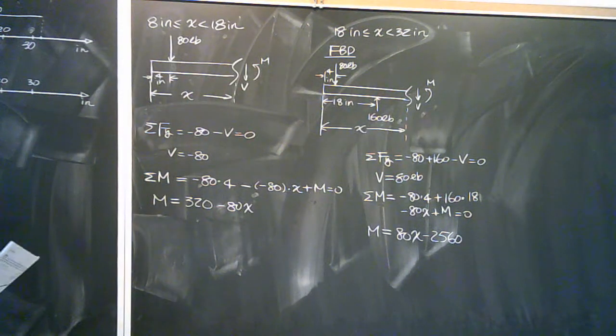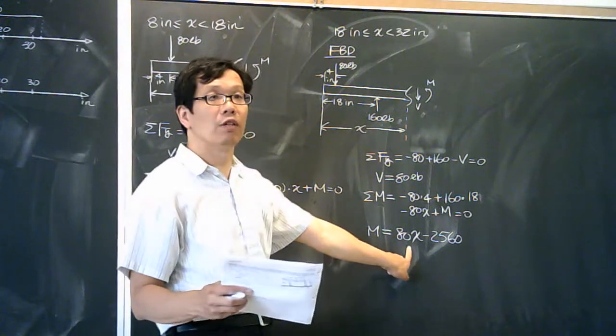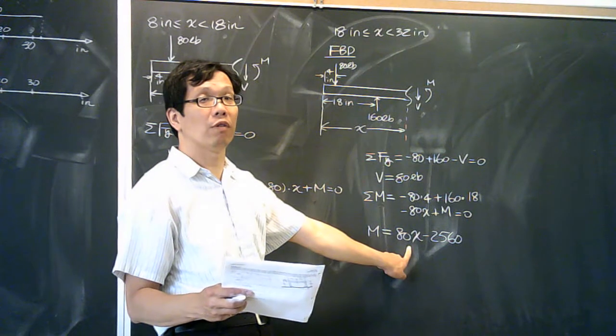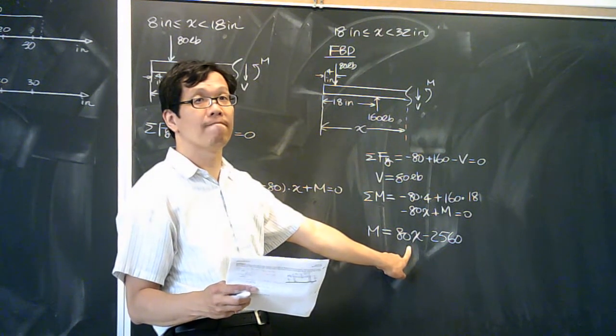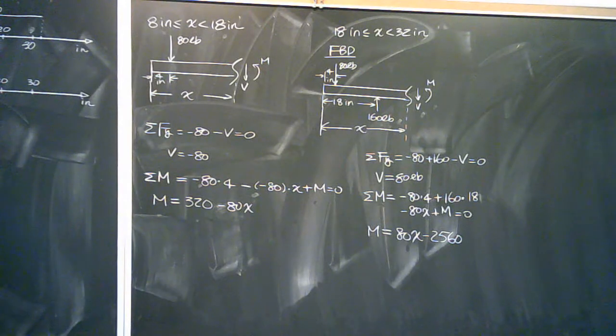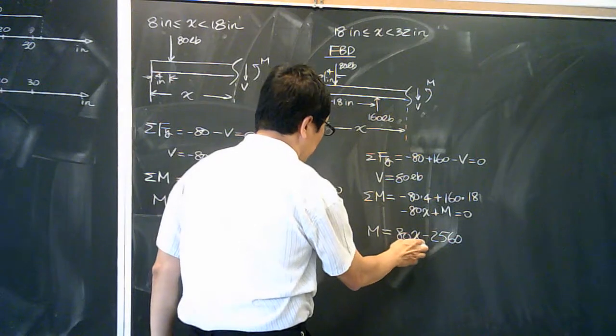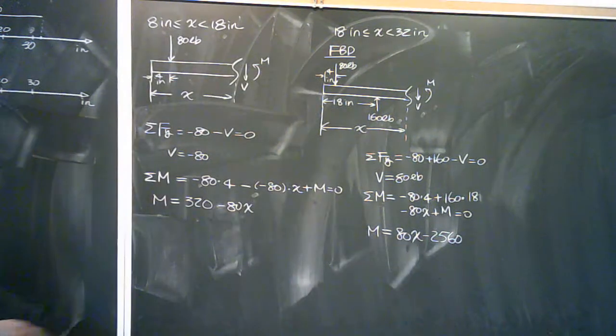Okay, so if you plug 18 into this equation, what are you going to find? Is this going to be the same on this spot, or is it going to be shifted? It's going to be the same. So if you are finding there is something different over here, you're doing something wrong.